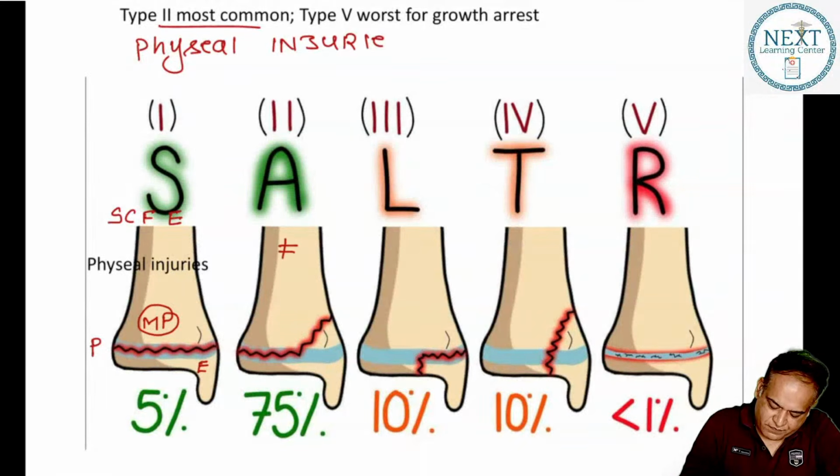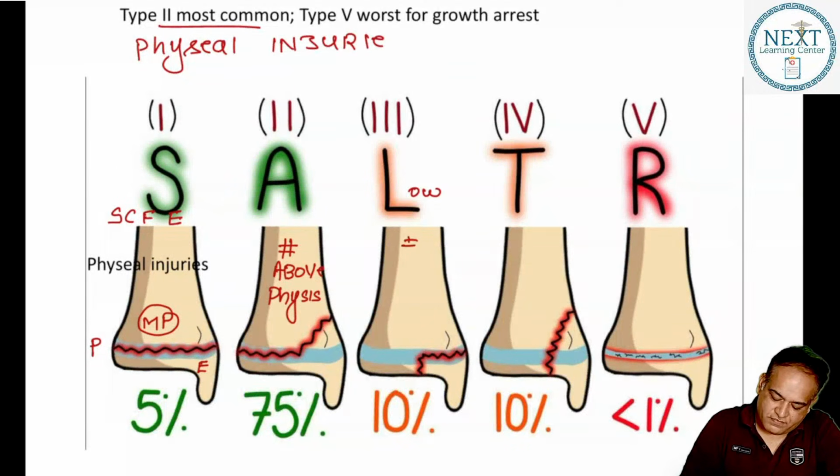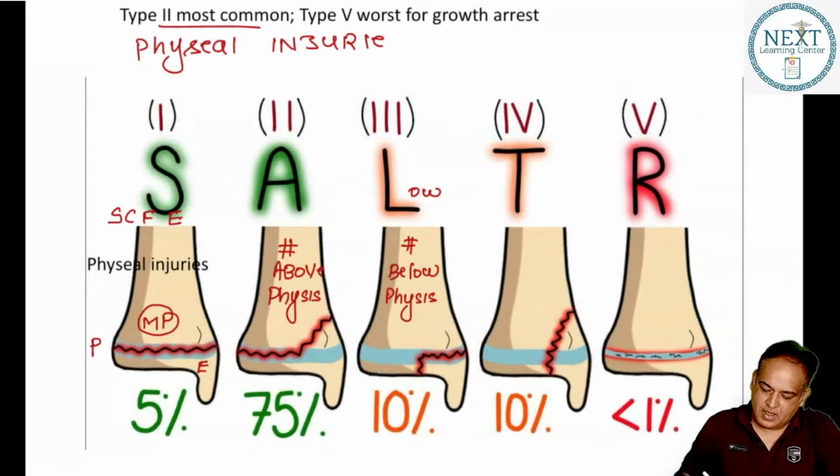So there is fracture above the physis. Fine. L means low, so there is fracture below the physis. Type 4, so there are two fractures: one fracture is above the physis, other fracture is below the physis.